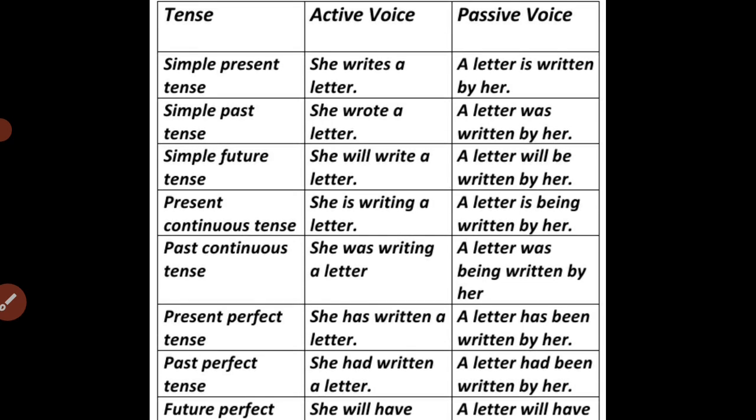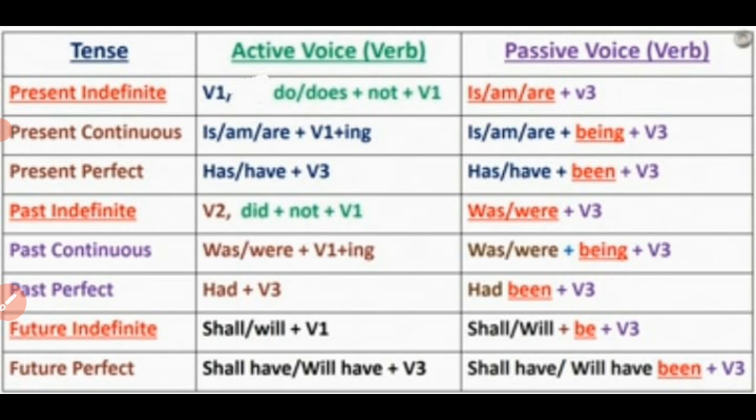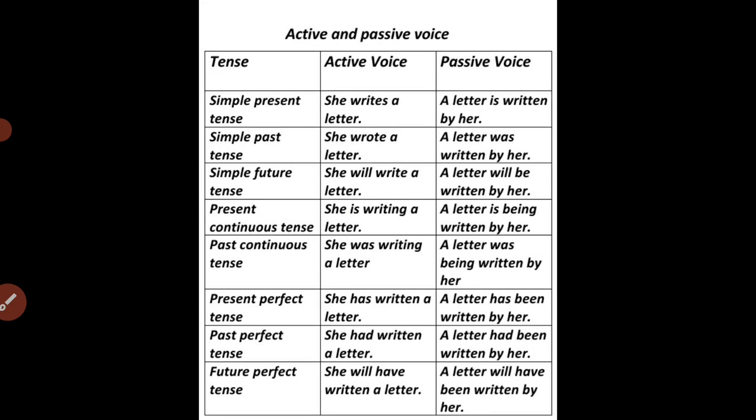In the perfect tenses, we always use been along with has, have or had. Only these particular tenses have their passive voice. Remaining tenses do not have a passive voice.